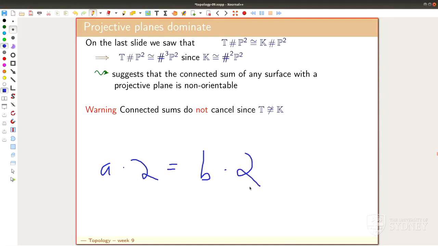You want to find A and B, and in usual numbers you would say, fine, we can just kill this one, divide by it, and we know A equals B. This calculus here, our hash product, behaves like multiplication, but the one crucial difference is you can't do this trick. I can't just say this one goes away and this one goes away, and T is K. It doesn't work, so you're not allowed to do that. Otherwise, you should think of hash as being a nice multiplication. In numbers, that's perfectly fine, but on surfaces, it's not.